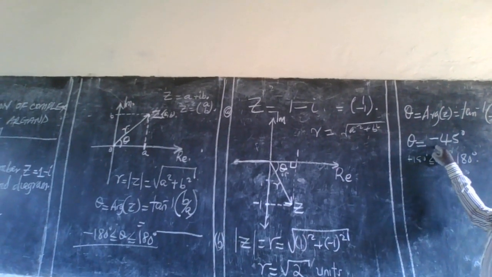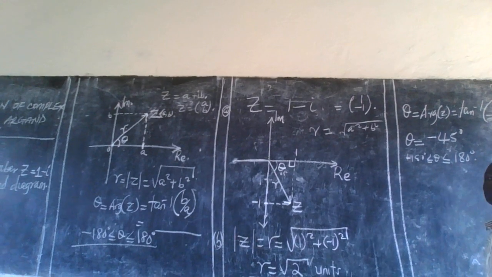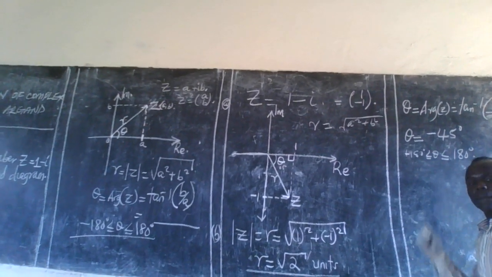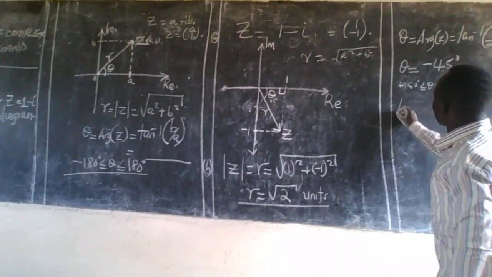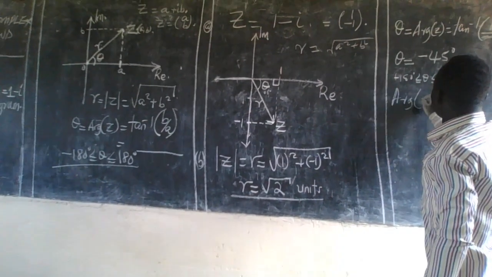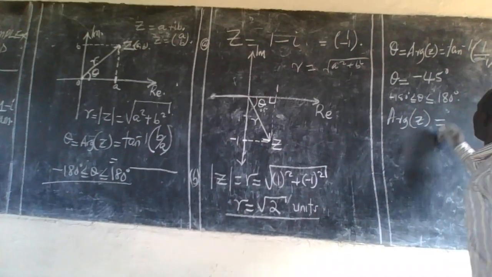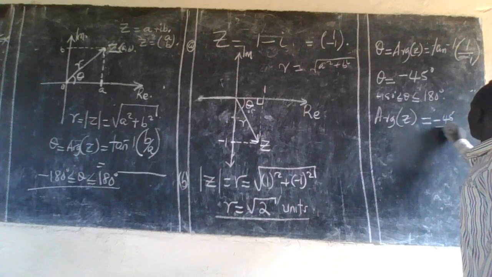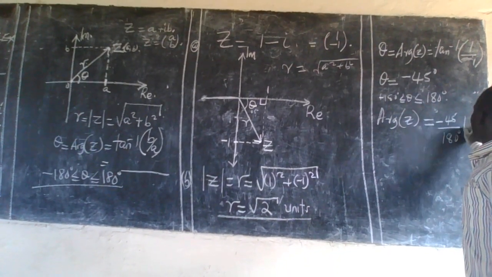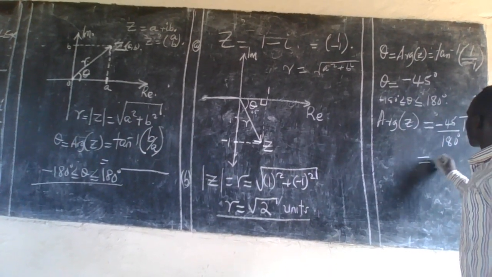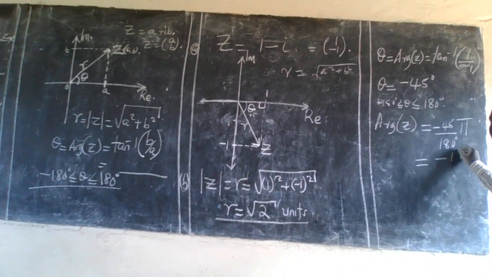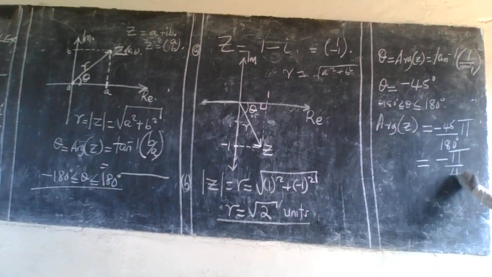But this is not yet the answer. The answer should be in radians in terms of pi. Therefore, arg z is nothing but negative 45 divided by 180 degrees times pi, which is negative pi over 4.